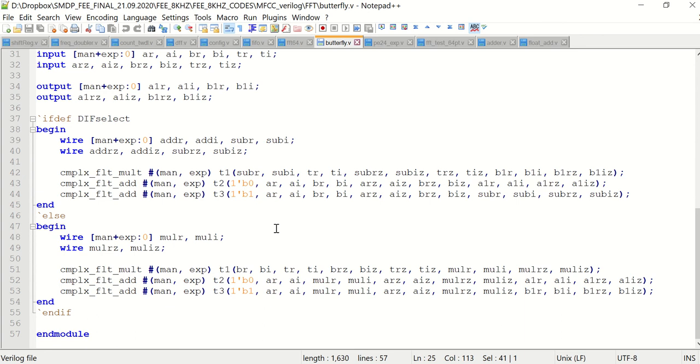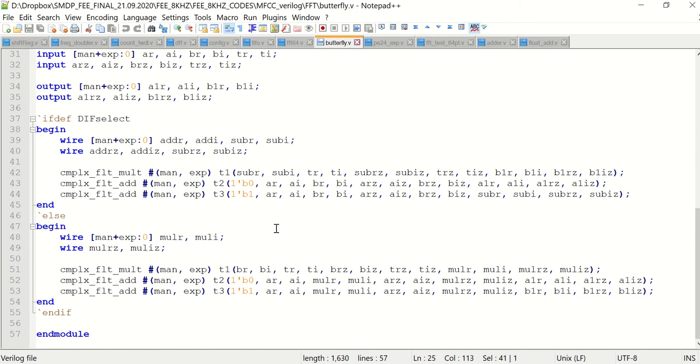As we have seen, if DIF select is declared in a configuration file, the butterfly is implemented as decimation in frequency; if it is not defined, it is decimation in time.